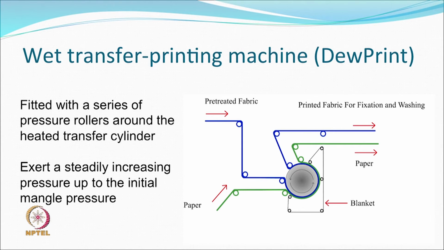Wet transfer was not very nice, and the people who actually became more interested ultimately were the wool people. So, you have a good research institute in Australia, and of course, nice work being done in the UK on wool. So, they were obviously quite interested in doing this wet transfer printing of wool.